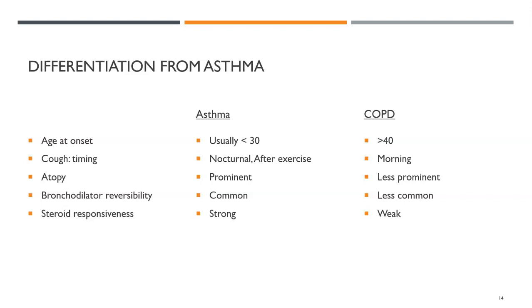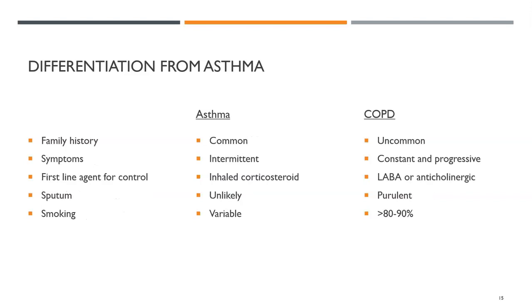And asthmatics respond to steroids really well, whereas patients with COPD, not so much. Asthmatics, strong family history. COPD, not so much, because that is usually somebody who smoked, somebody who's been exposed to secondhand smoke.